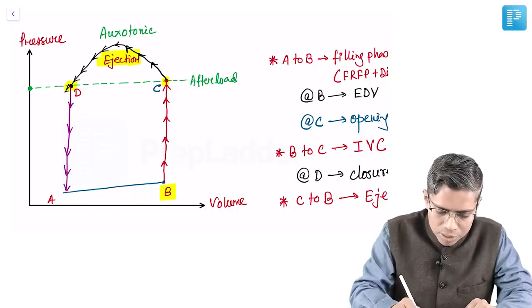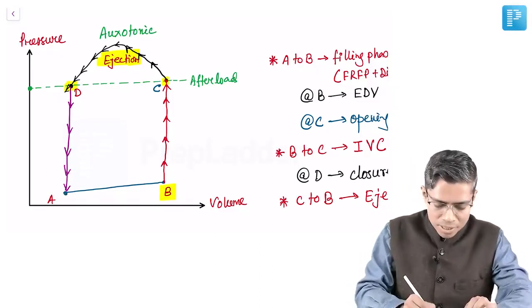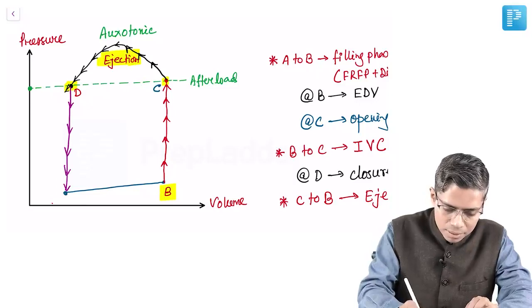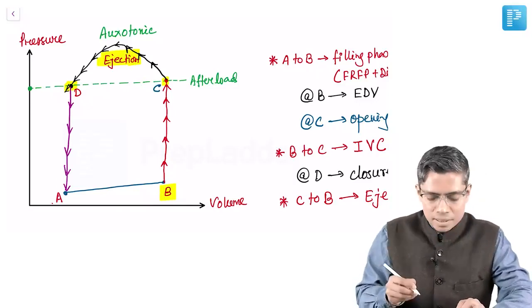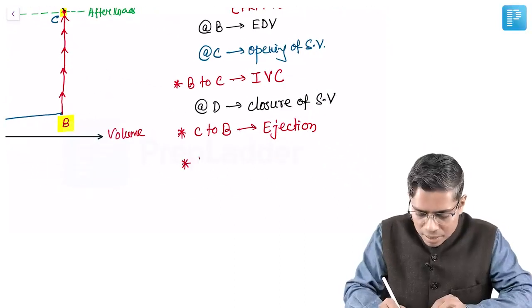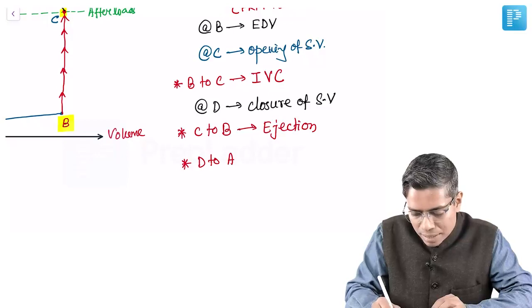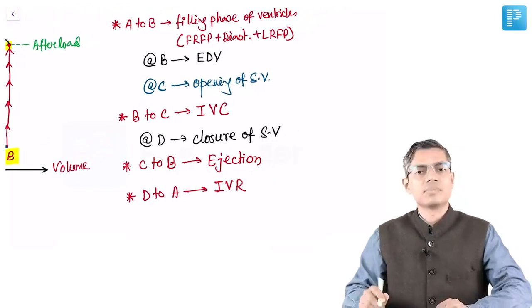So now it will reach the previous point, that is point number A. Getting my point? So this, just hold on, I'm writing here A. So this D to A, this is nothing but the isovolumic relaxation phase of ventricle.